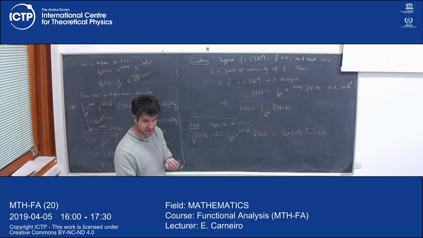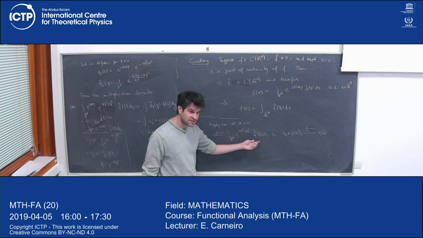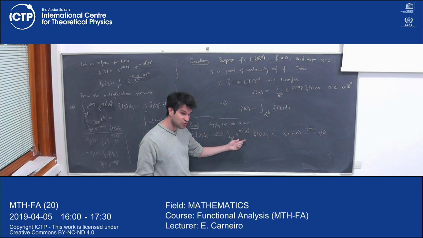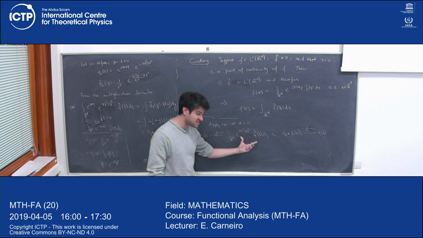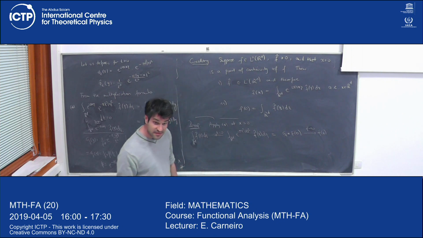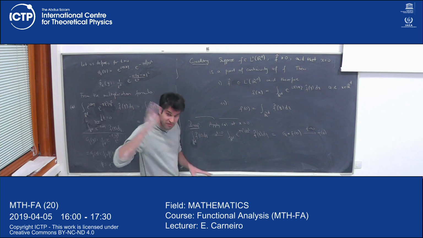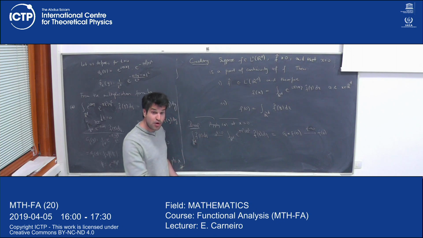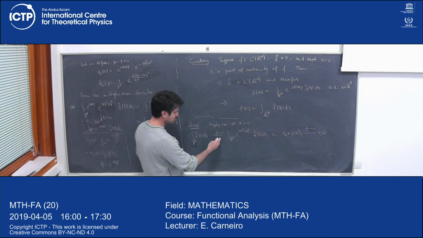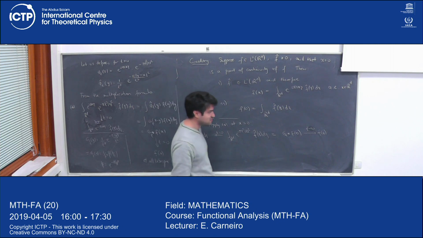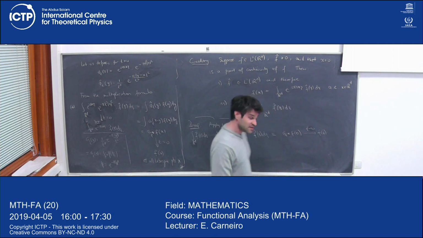By monotone convergence. This is a positive function, and this is something that goes to 1 monotonically. So whatever is inside is increasing, right? I don't care where it converges to, it might converge to infinity, but it will converge to whatever this is. It's a monotone convergence. So when t goes to 0, this converges to this, which is a number.